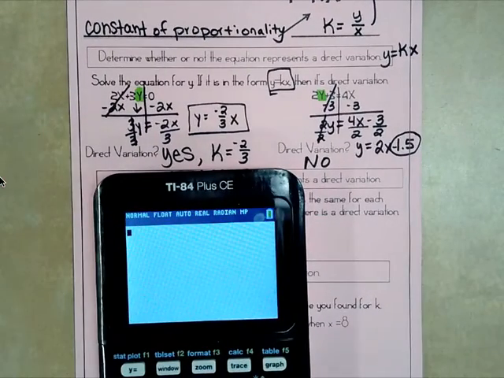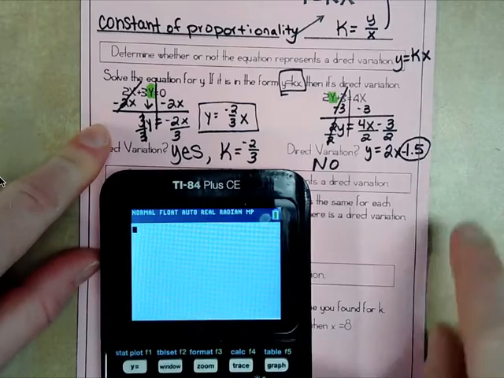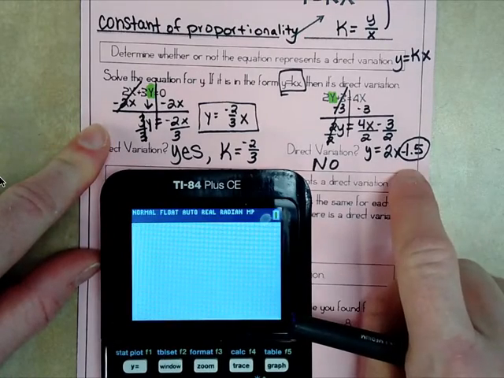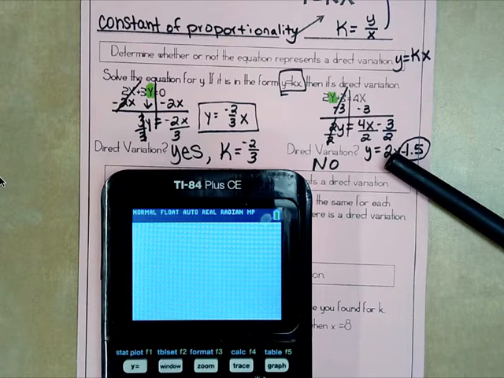Okay, let's look at how these look when they're graphed. So I want you to talk to your group about how you think the direct variation equation is going to look compared to the non-direct variation. So talk to your group and graph them and write down what the graph is going to look like whenever it's a direct variation.